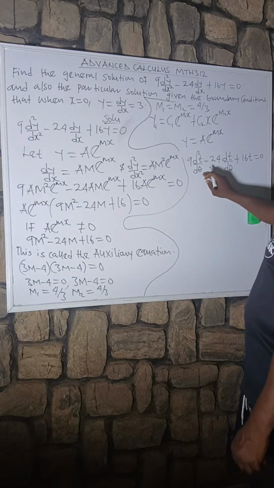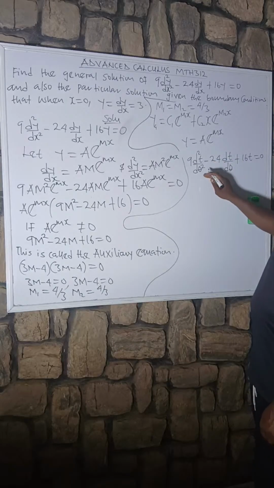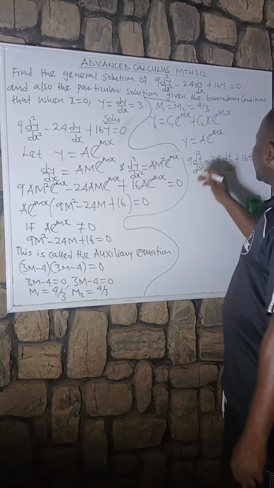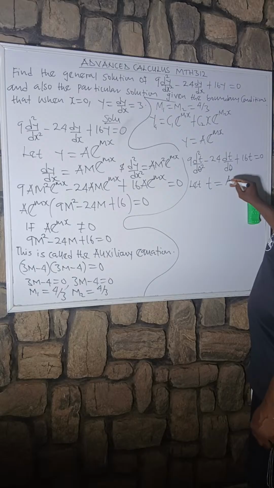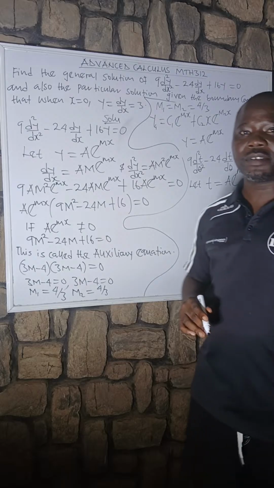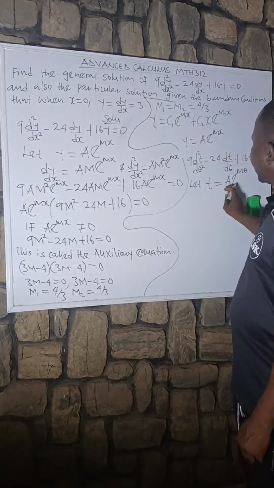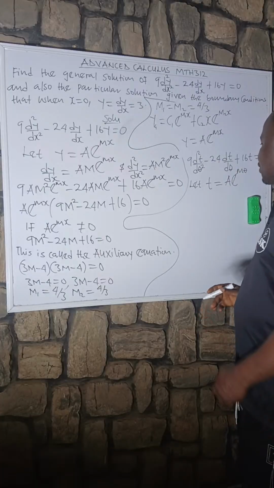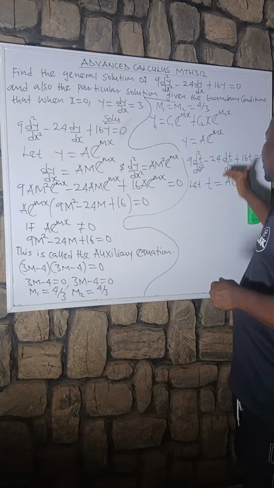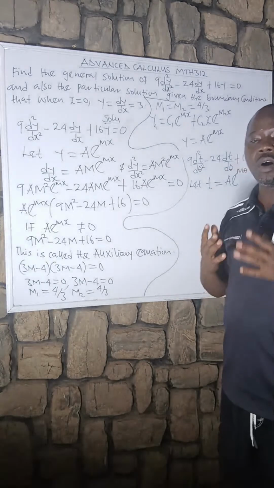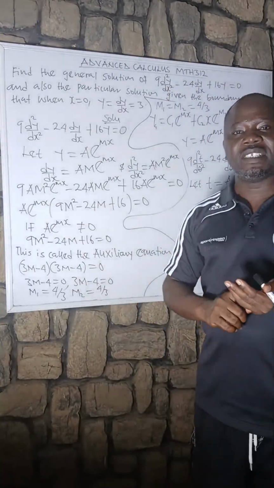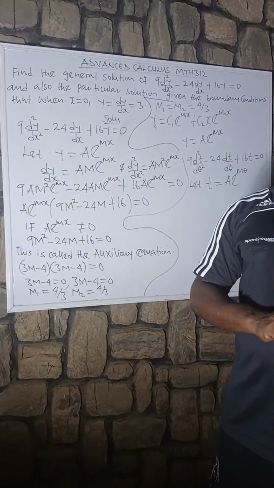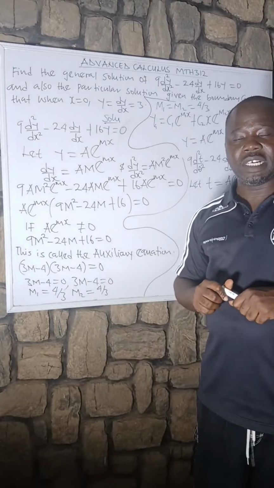So the solution to this second order differential equation will now say let t be equal to a exponential m theta. Do you agree with me? Anytime you come across differential equations of this form, always bear in mind that you must consider the dependent variable and the independent variable. Take note.